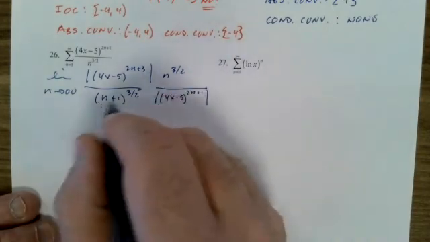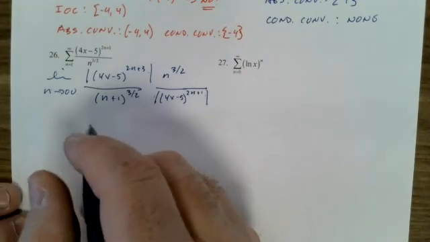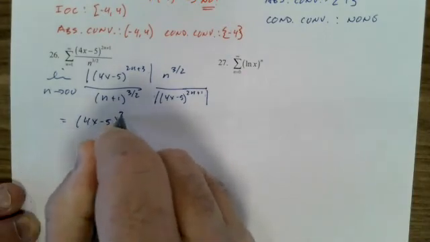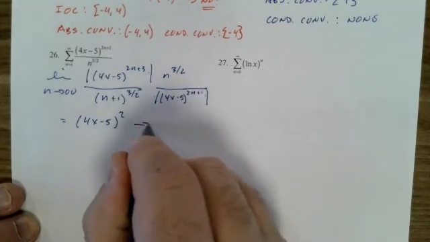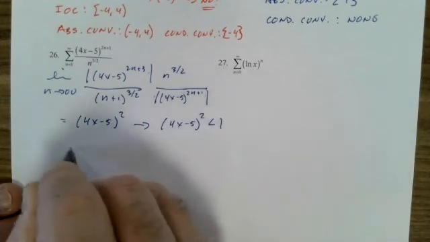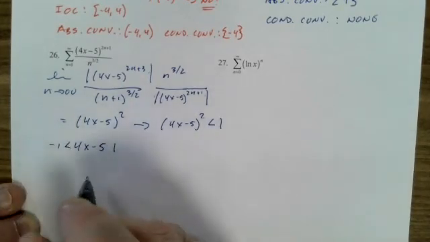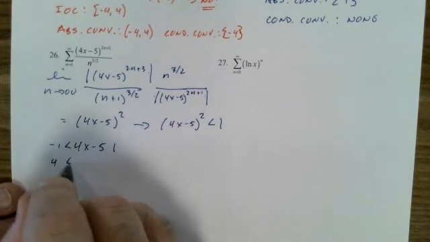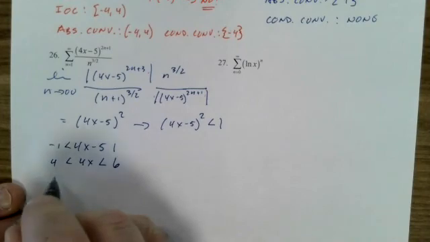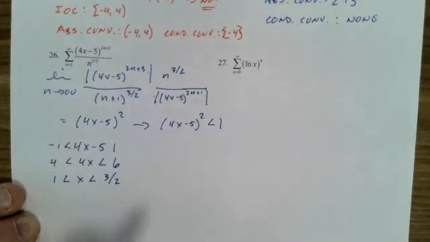Equals, cancel, cancel, 4x minus 5 squared. So we get that whole 4x minus 5 squared is less than 1, which just becomes 4x minus 5 is between these two. Add 5, 4 is less than 4x, it's less than 6, divided by 4, 1 is less than x is less than 3 halves.